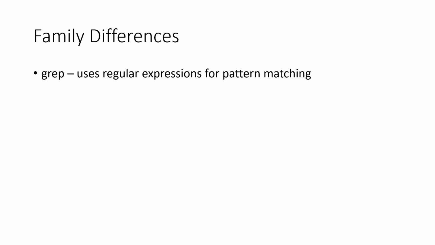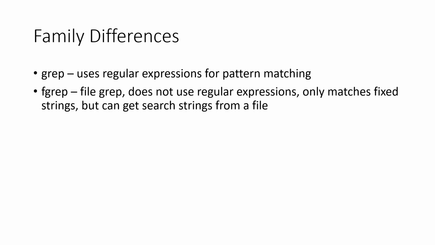Let's talk about the differences between egrep, fgrep, and grep. Grep uses regular expressions for pattern matching, as we've talked about already. Fgrep is file grep. It does not use regular expressions. It only matches fixed strings, but you can get search strings from a file.